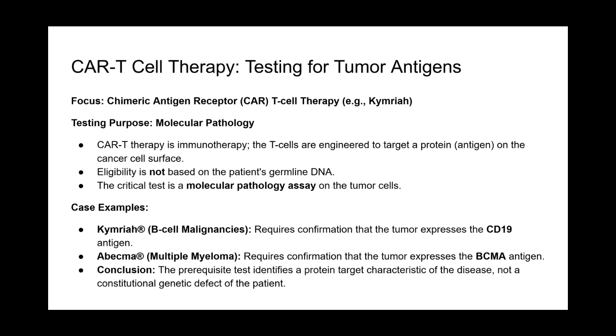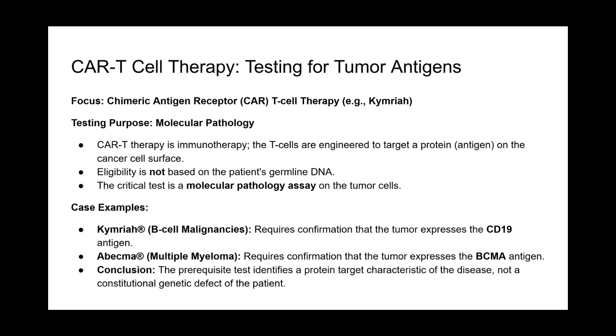The determination of appropriate therapy largely depends on two main factors: the type of cancer and antigen expression. First, the patient's cancer must be of a type known to express the target antigen. For instance, therapies such as Kymriah, tisagenlecleucel, and Yescarta, axicabtagene ciloleucel, are approved for B-cell malignancies, including leukemias and lymphomas, because they target the CD19 antigen, which is consistently expressed on B cells.